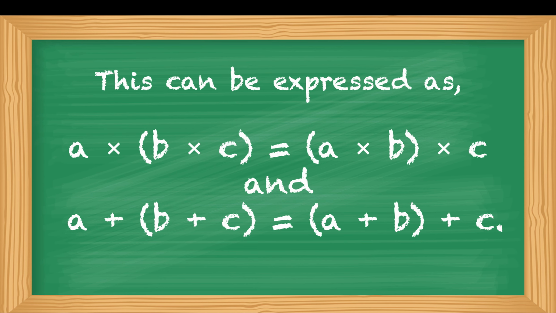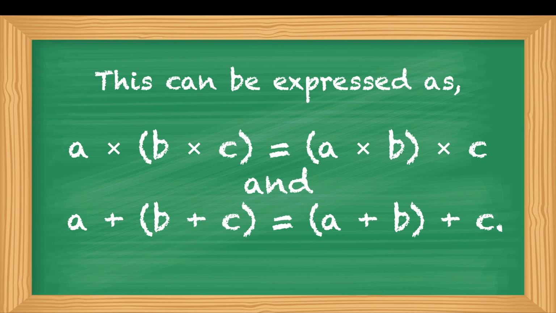Now it can be expressed as this: A multiplied by open bracket B times C close bracket will be equal to open bracket A times B close bracket multiplied by C. Now as you see here, we regrouped what is in the bracket on each side.